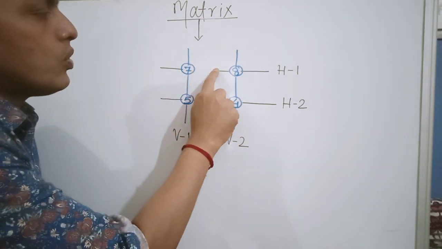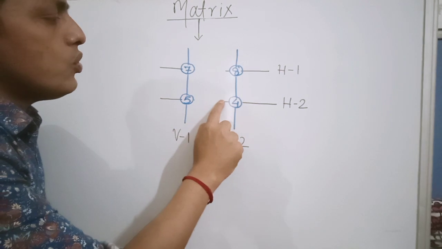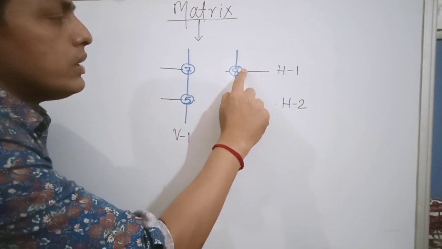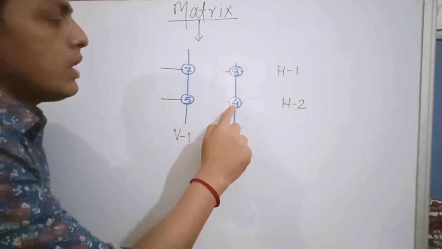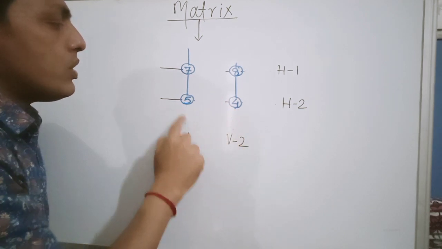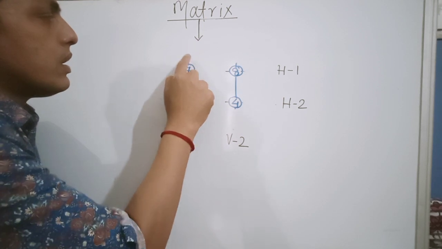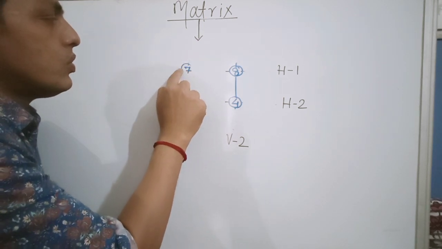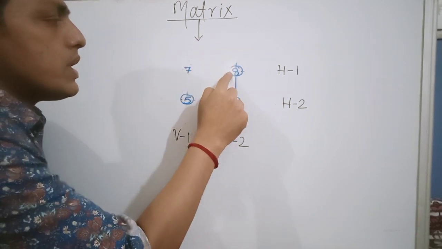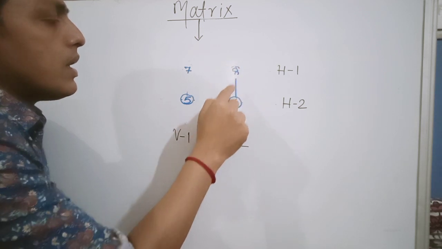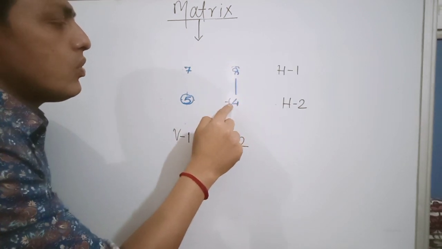Now just ignore these vertical and horizontal lines. So these lines are ignored now.